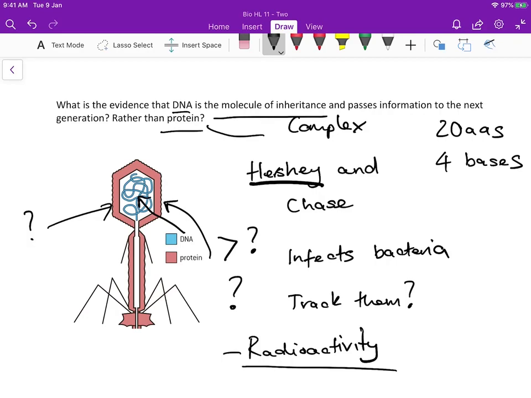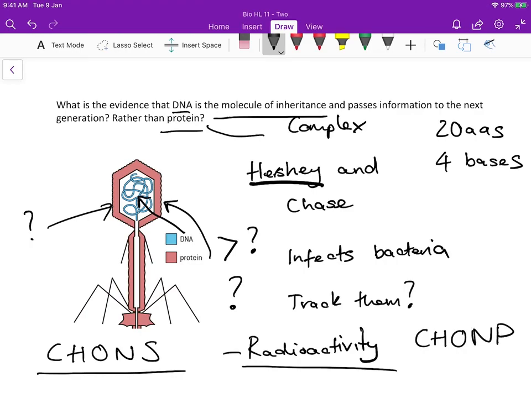So for protein, we have carbon, hydrogen, oxygen, nitrogen, and then some sulfur. So it's CHONS. Whereas for DNA, we have carbon, hydrogen, oxygen, nitrogen, and phosphorus.